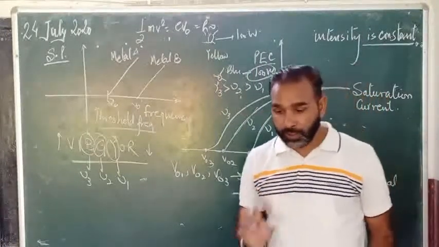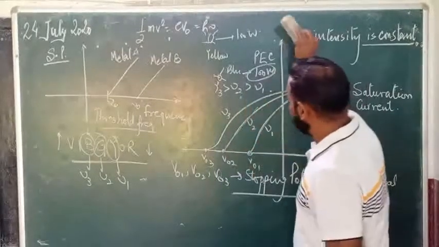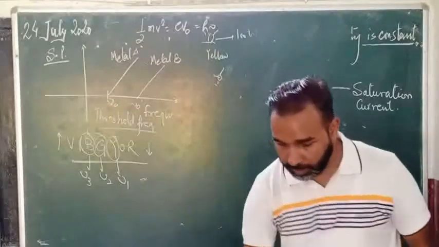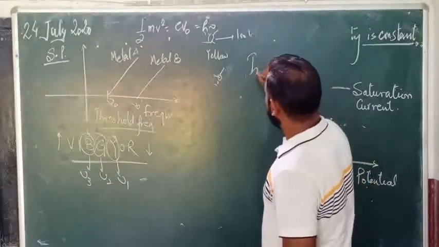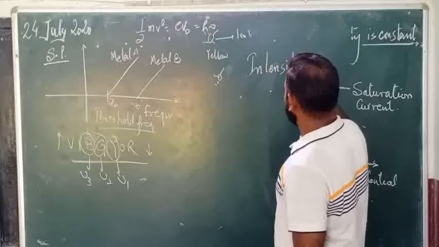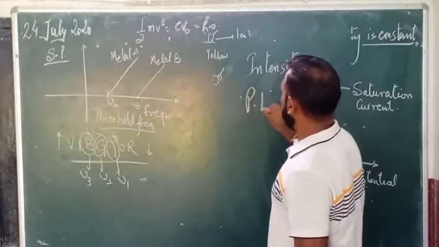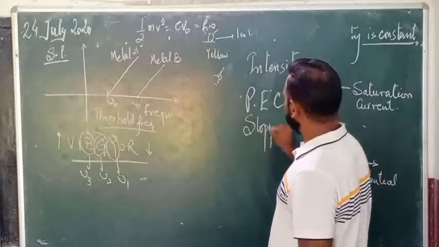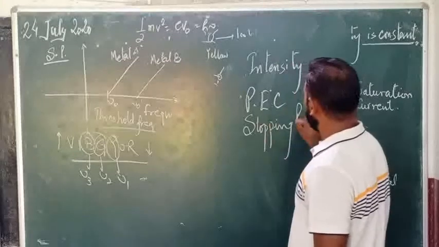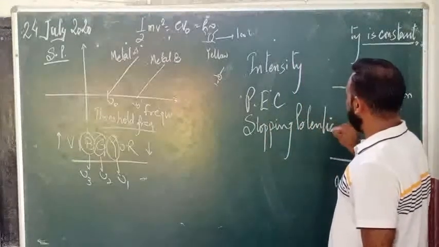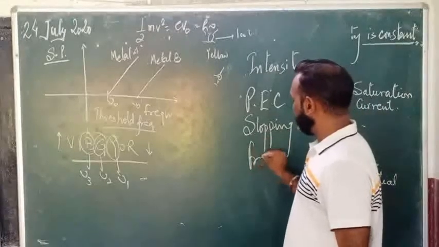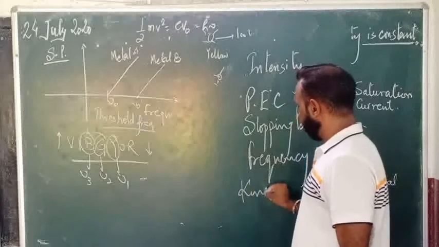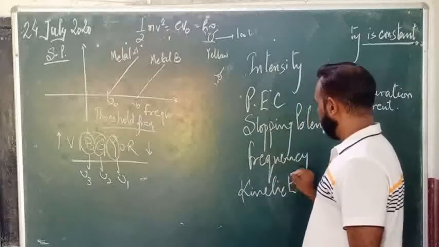I am repeating. You have learned four things over here: one is intensity, photoelectric current, then stopping potential, then frequency, and last kinetic energy.